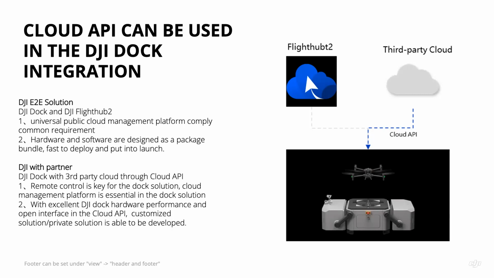The remote controller can be used to configure this third-party cloud management system to connect directly to the dock. And combined with the dock's hardware performance, which has been rigorously tested, and the open interface in the Cloud API, customized solutions or private solutions are able to be developed.